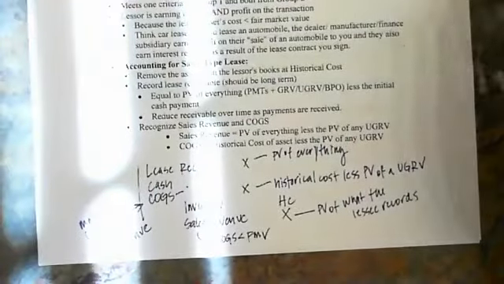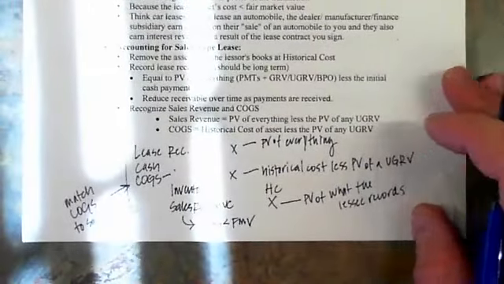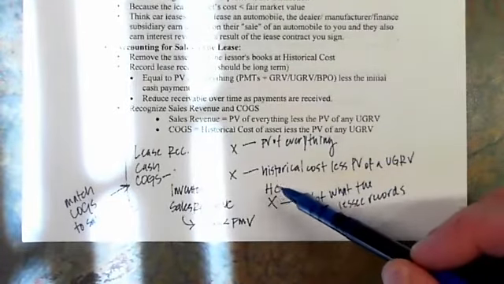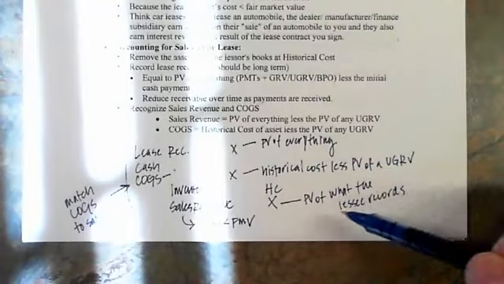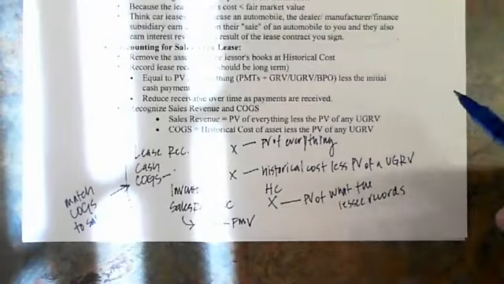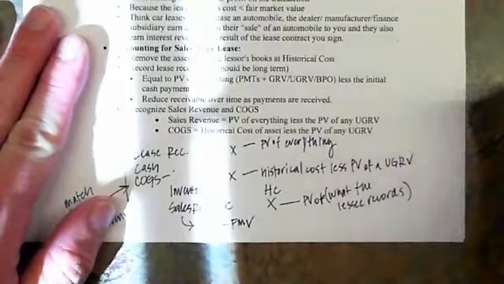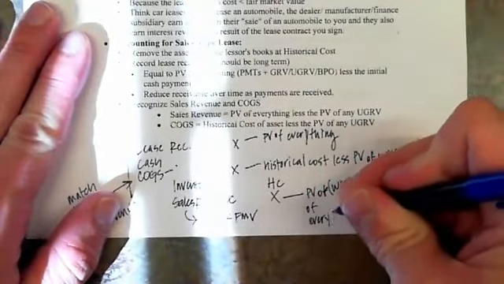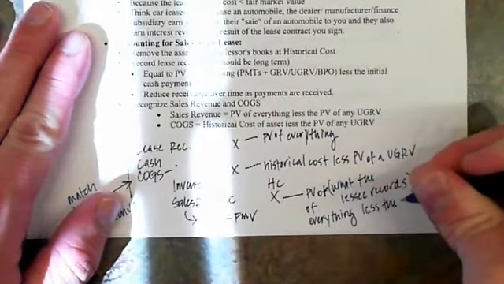Okay, so this is where we start hitting a little bit of complication: the cost of goods sold is the historical cost of it, which you might figure, but we would subtract out any UGRV. The sales revenue is the present value of what the lessee records, because it's the present value of everything less the UGRV.